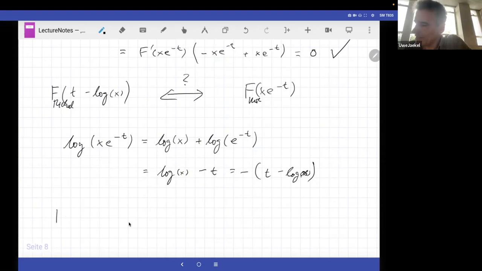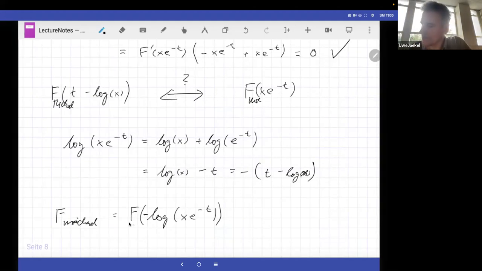Basically f Michael is f of minus logarithm of x to the minus et.